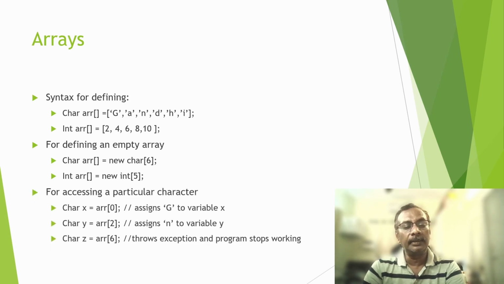Right. Now I'll tell you how to access a particular character in the array. If you take this array and want to take a specific character and assign it to a character variable x, then you say char x equal to arr of 0, where 0 is the index of the first character. So it assigns g to the variable x.